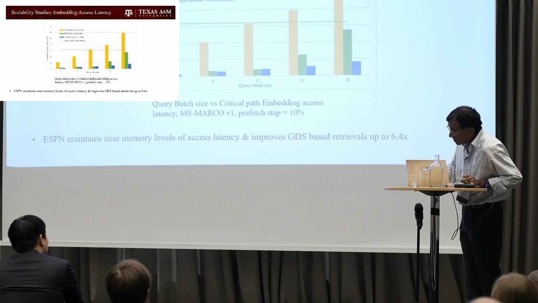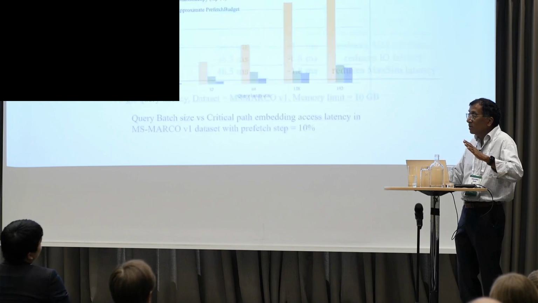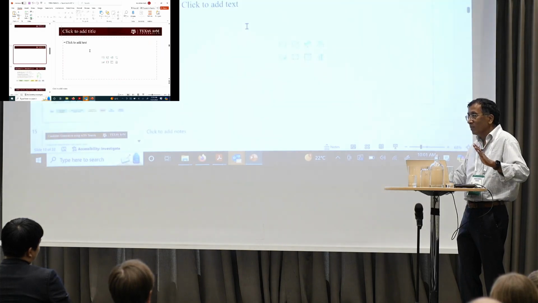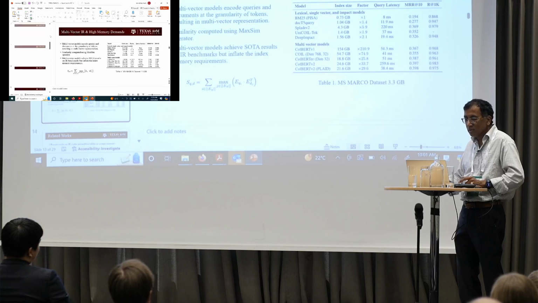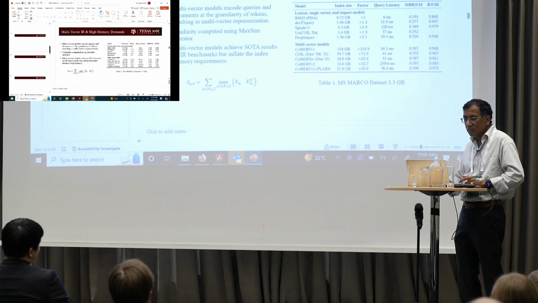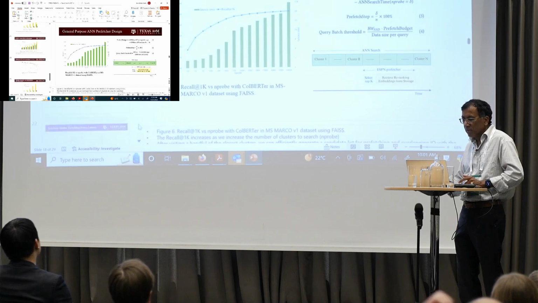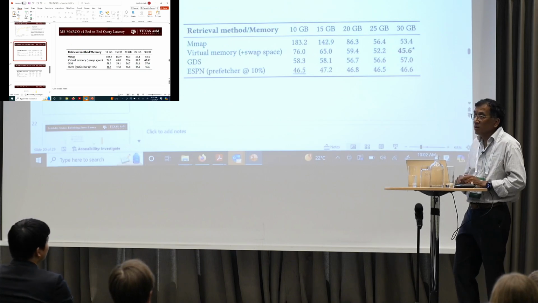So there are two parts to the paper. The first part was not sacrificing any accuracy at all. Those results that I showed you, these numbers are all at the same accuracy.